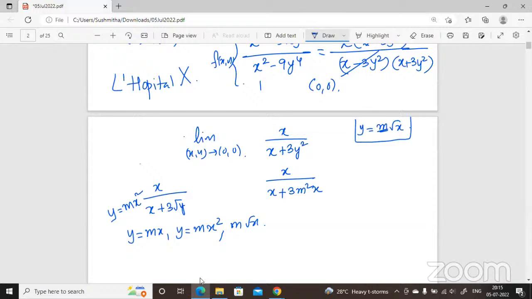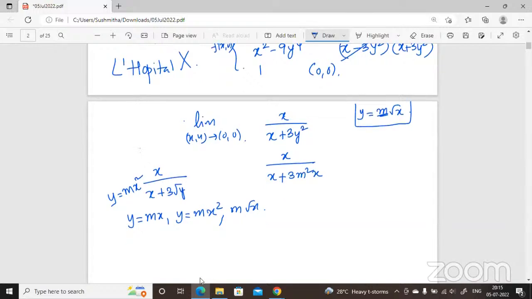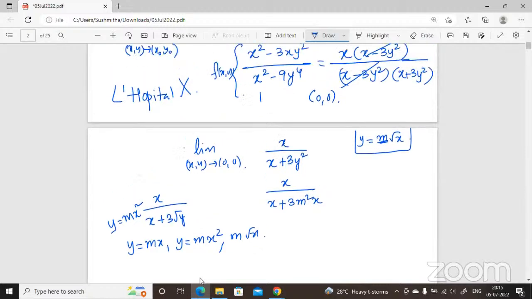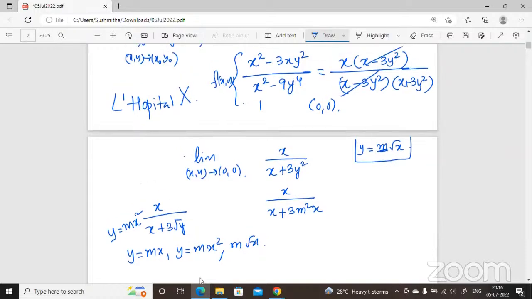One more question, may I ask, on the same thing on continuity the colleague was asking. Now, we know at 0, 0 it is going to go all over the place and it is no longer valid. So do I need to actually find two lines and check whether it is going to be the same value? Or can I just go by saying at 0, 0 it is 0 by 0 and it is no longer defined?